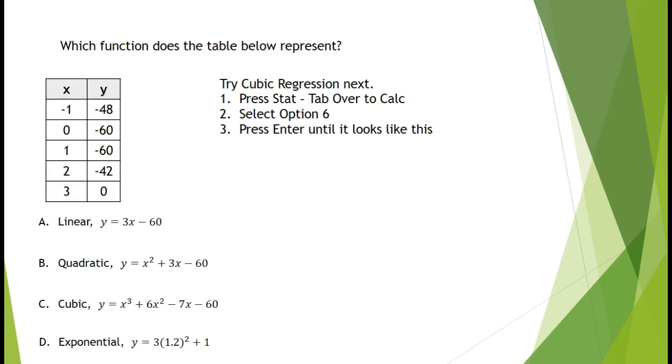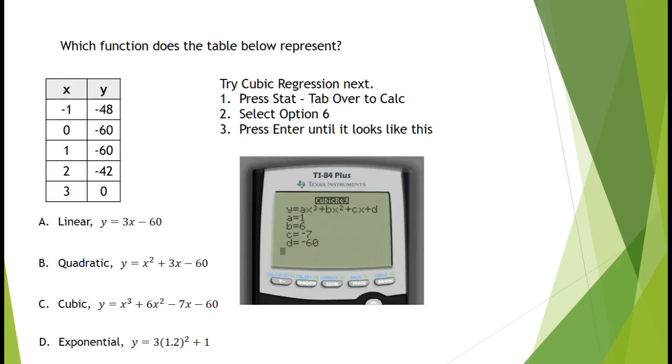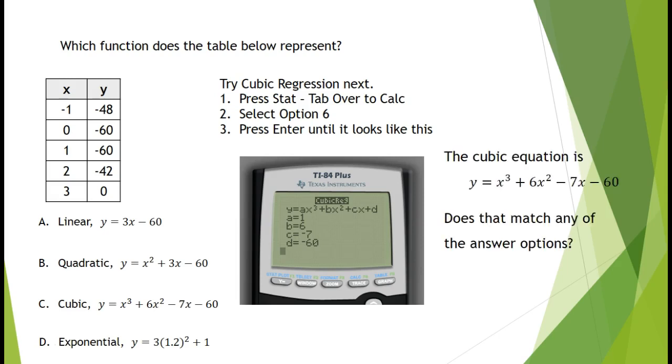Next, let's try cubic regression. So all over again, we press Stat, we tab over to Calc, and this time we select option 6 for cubic regression and press Enter until it looks like this. Now, if we write that out, substituting in for A, B, C, and D in that standard format, we get this. Does that look like any of our answer choices?